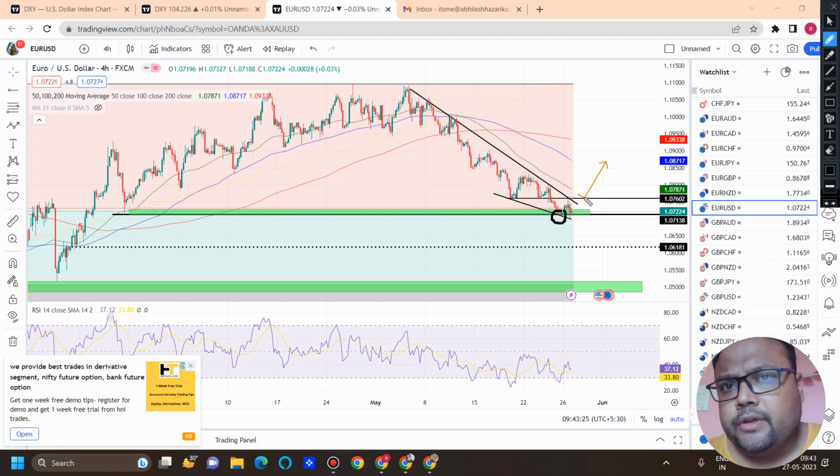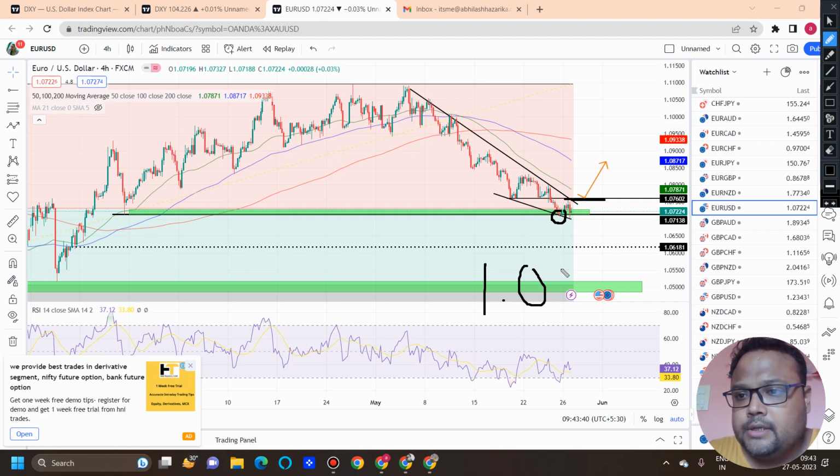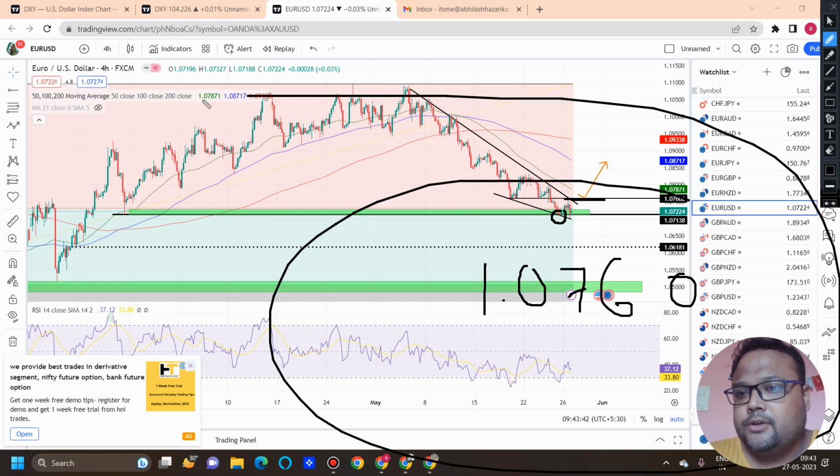So the opening for Euro USD will be very important. If the market tries to recover right after the market opening, then you need to wait for Euro USD to cross 1.0760.